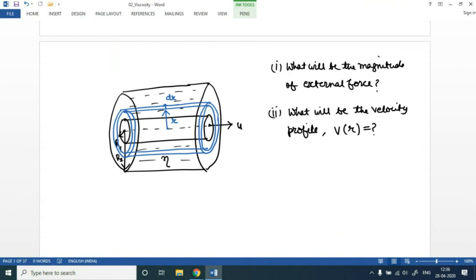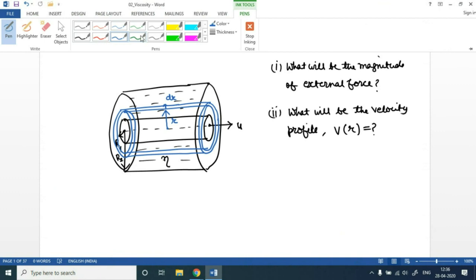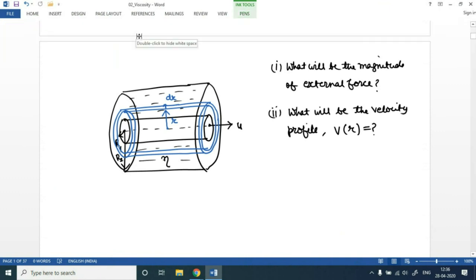Now you must realize, first of all, the velocities. This layer of the liquid is moving with the cylinder, so its velocity will be u, and the outermost layer of the liquid, since it is in contact with the outer cylinder which is stationary, will not be moving at all.